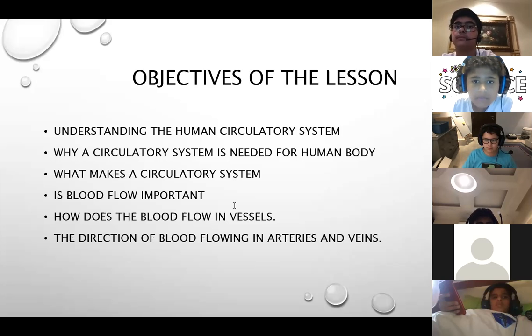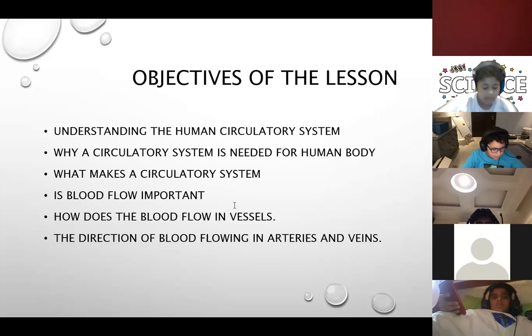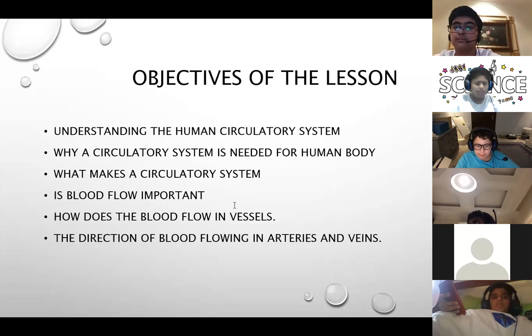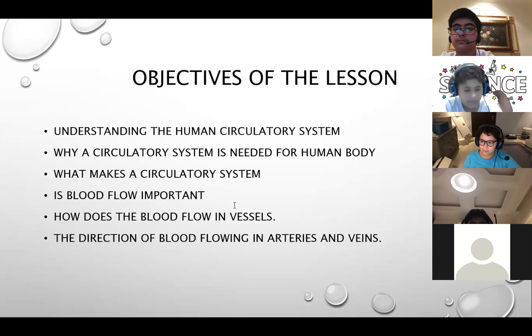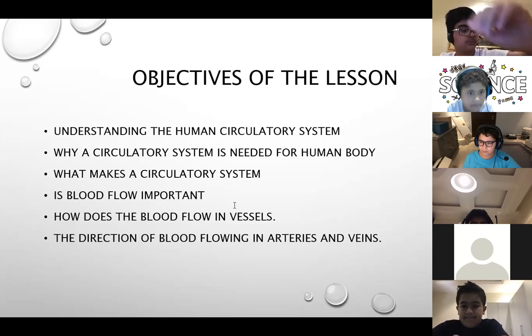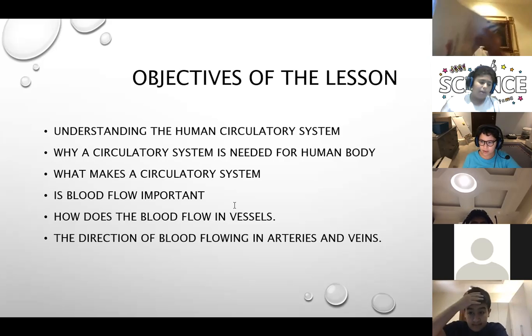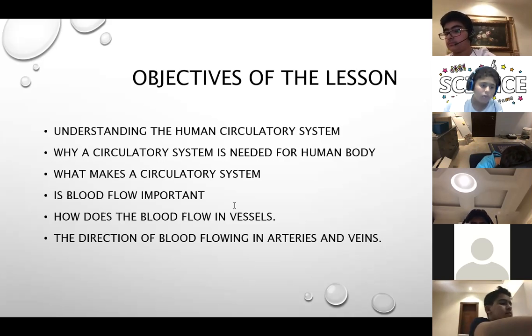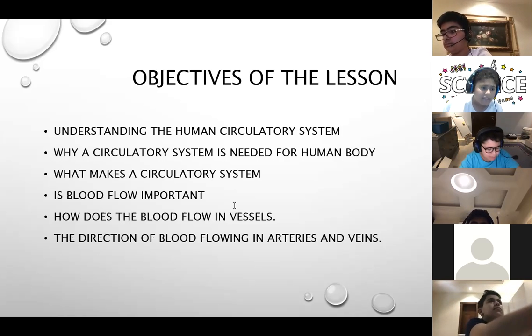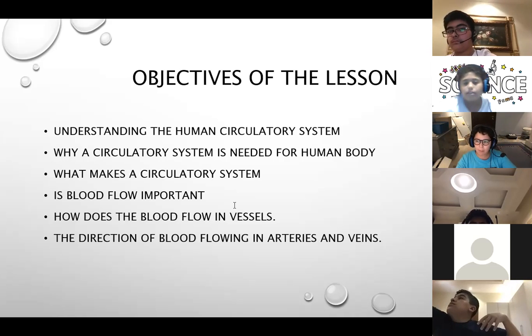Yes, Khalid. It's the transfer of the blood from the heart to the body, from the blood vessel. Khalid, your mic is not in front of you. Now you can speak. The circulatory system is the transfer of blood from the heart to other organ systems through blood vessels.